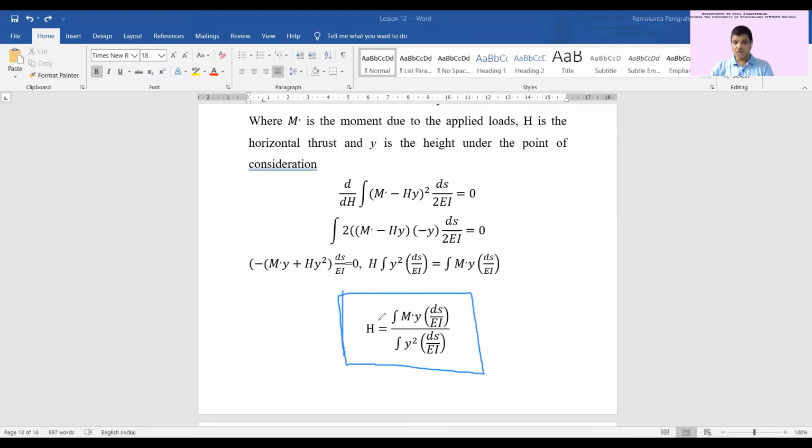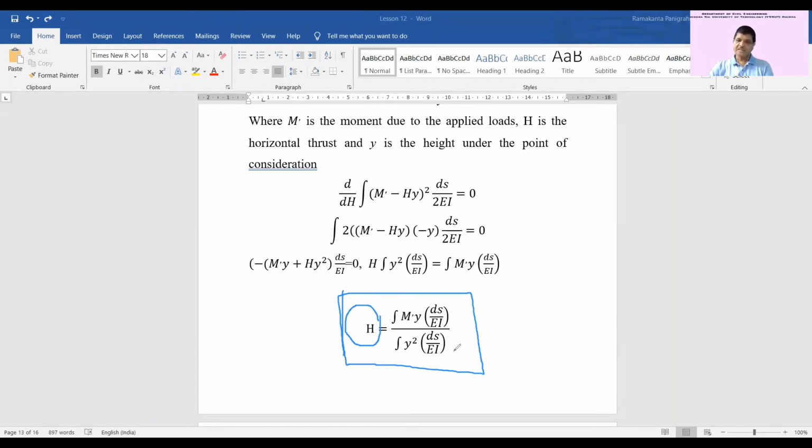So how do you find the horizontal thrust? The horizontal thrust is equal to the integration of M dash Y ds by EI, divided by the integration of Y square ds by EI. M dash is already explained, that is the bending moment due to the vertical loads at the section. Y is the ordinate at that section. Then ds by EI means you can find the length. Then this integration can be done part-wise depending on where you are taking these things and what loads are acting.